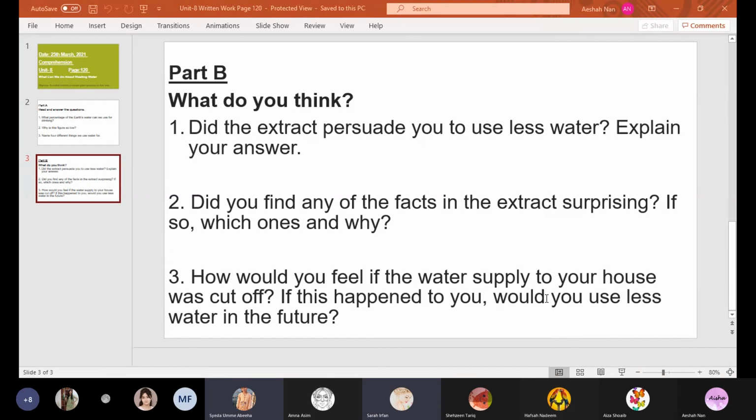Teacher, to avoid shortage of water, comma, I would use less water in the future.